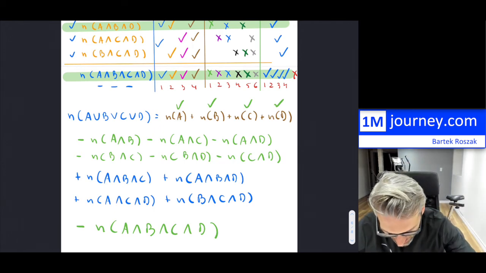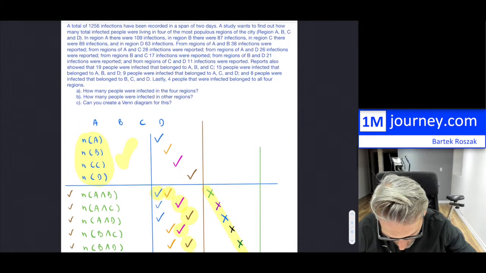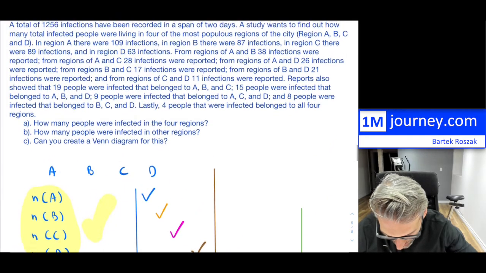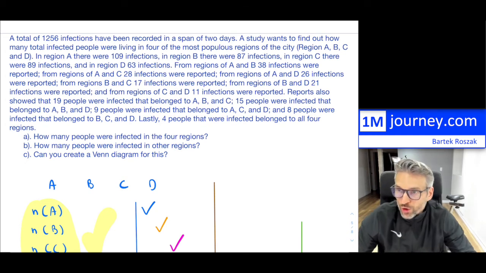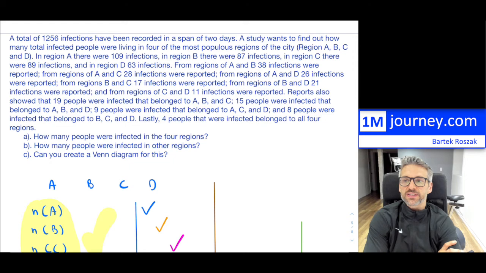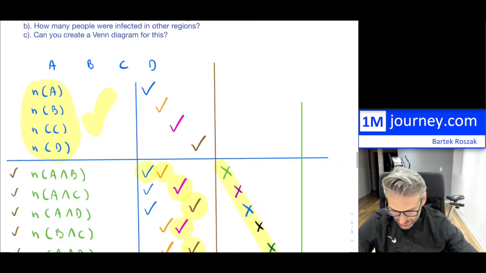So with this example, because this is going to be a very long example, we're going to be able to actually do all of these items. Okay, so we have a total of 1,256 infections that have been recorded in a span of 2 days. And now there are 4 regions here. And now it gives us all the information for these.